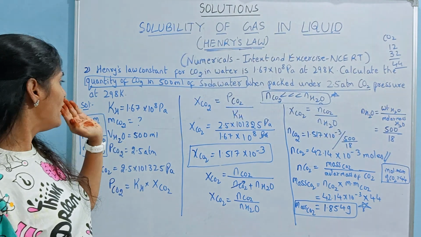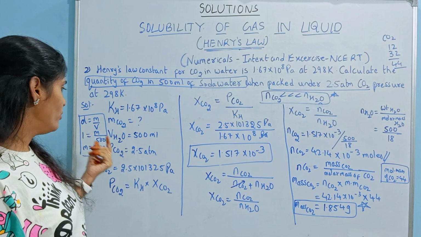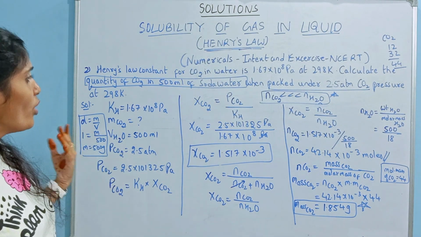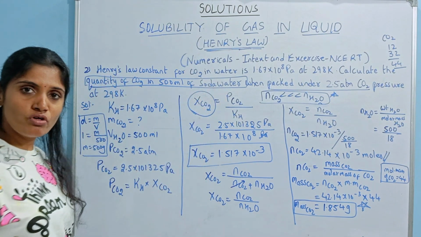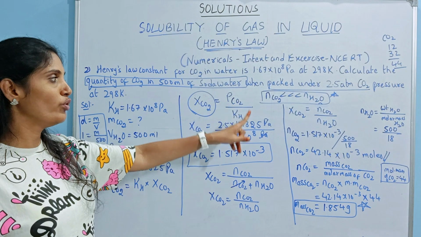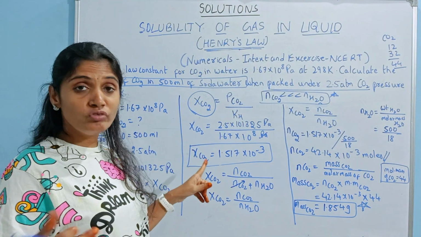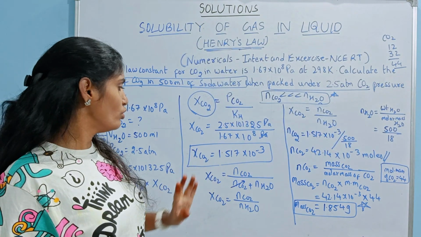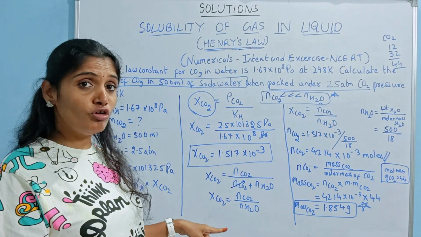So what did I do? Henry's constant was given, the volume of the solvent water was given, and the pressure of CO2 was given. First, I found out the mole fraction of CO2 by rearranging the equation: pressure of CO2 divided by Henry's constant. Then mole fraction of CO2 is equal to number of moles of CO2 divided by number of moles of H2O.